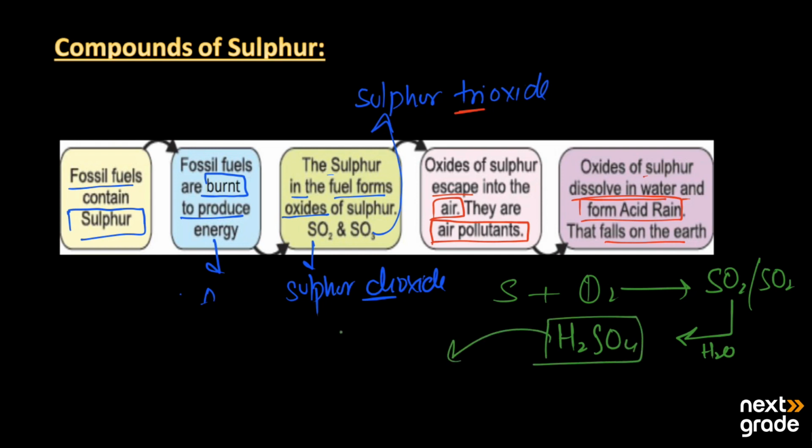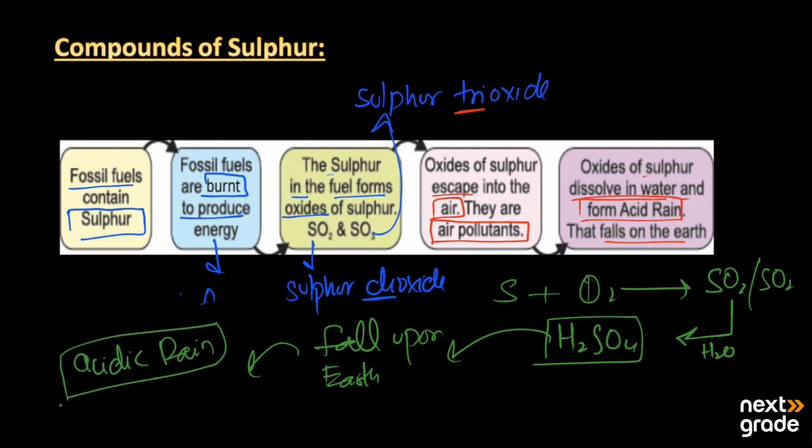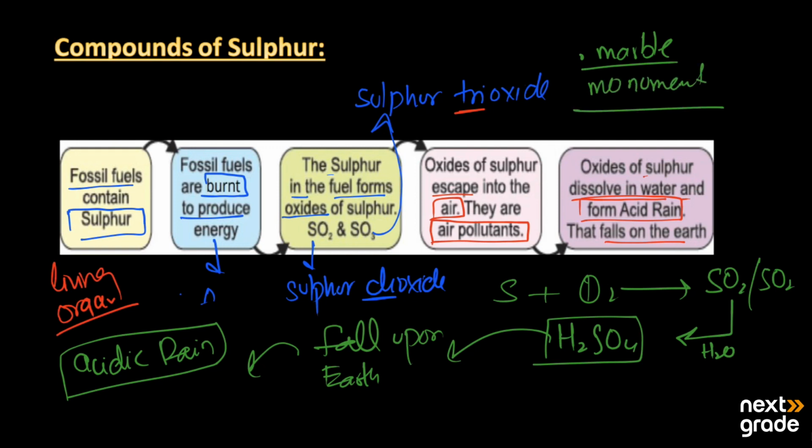Now this sulfuric acid falls upon the earth, and it is known as acid rain because it contains that acid with the water. In turn, acid rain affects living organisms. It also affects marble and many monuments. So these are the simple compounds of sulfur that may affect human beings in one way or another.